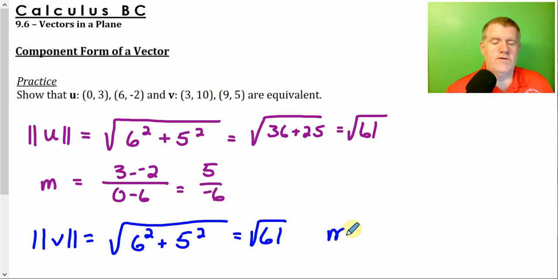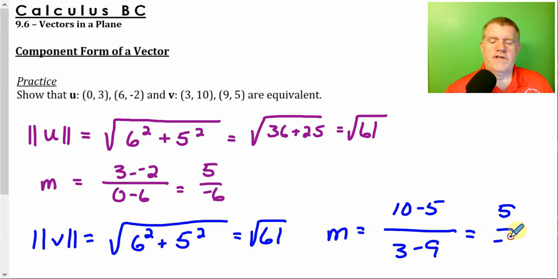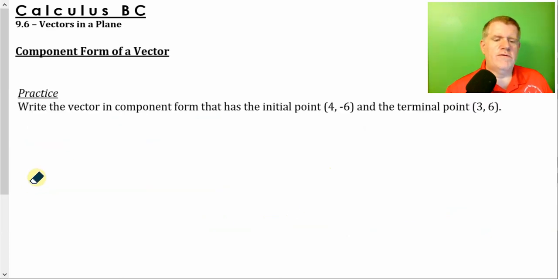The slope would be 10 minus 5 over 3 minus 9, 5 over negative 6. You have shown because they have the same direction and the same magnitude that they are equivalent vectors.